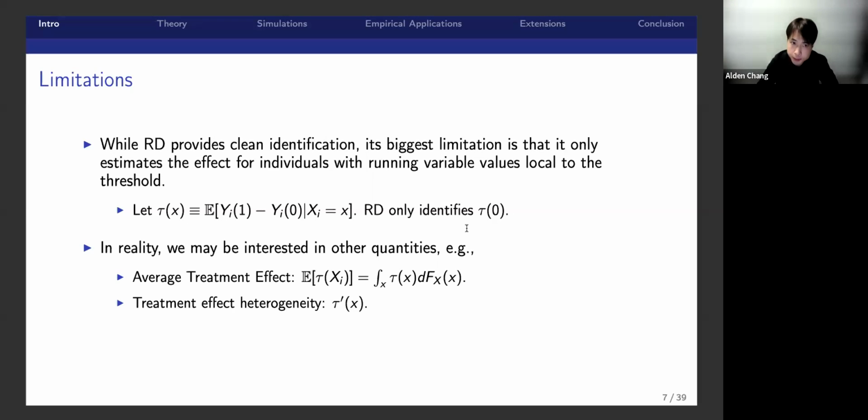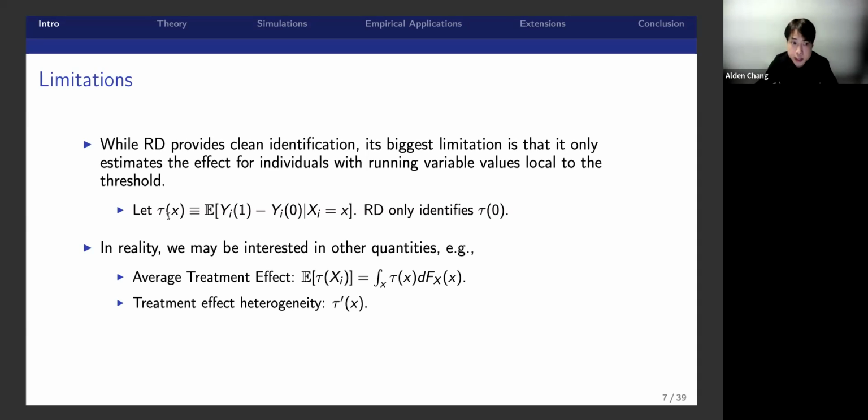Let's now suppose that there are heterogeneous treatment effects. We can also think that the treatment effects may depend on the running variable. So perhaps the treatment effect is larger for individuals with higher values of the running variable, or vice versa.